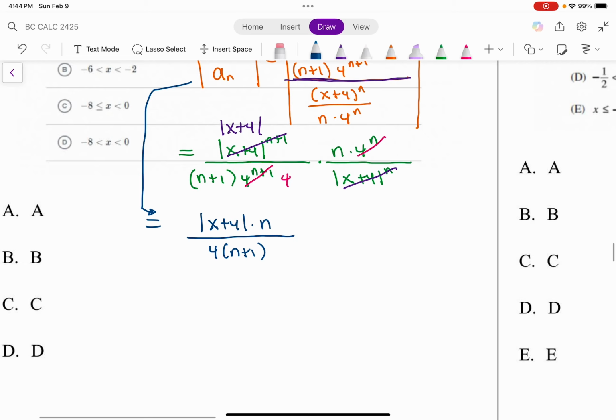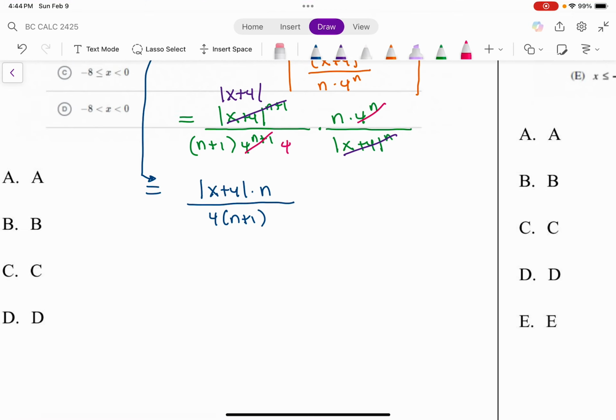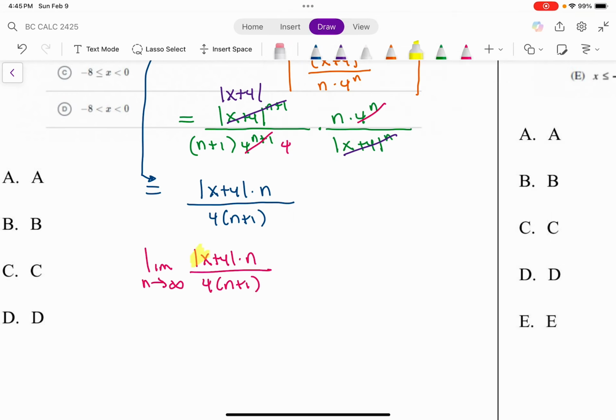And so when you take the limit, because remember, we are taking the limit, we get the limit as n goes to infinity of this expression. Anything that doesn't involve an n can be taken out of the limit. So like that and that I usually take outside.